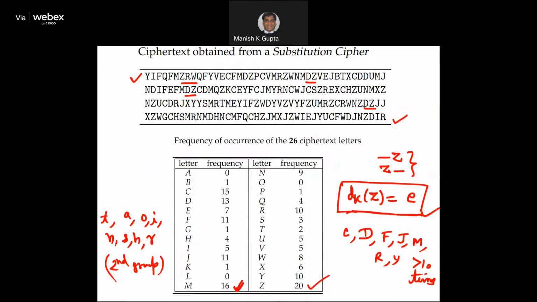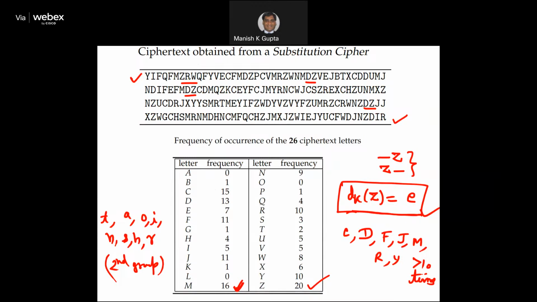Then if you look again at the table, C, D, F, J, M, R, Y each occur more than 10 times.